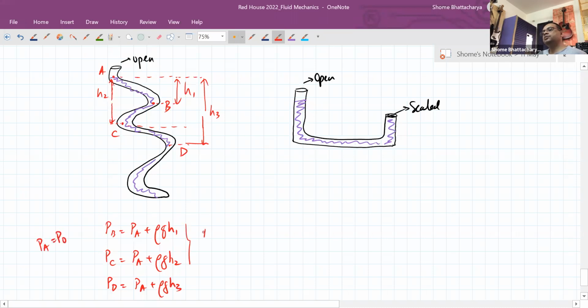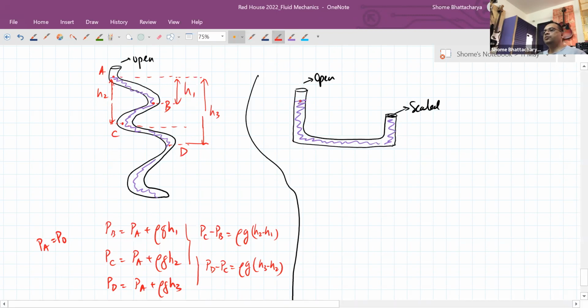From this, you can also see that the pressure difference between B and C will be, or the pressure difference between C and D, like this.